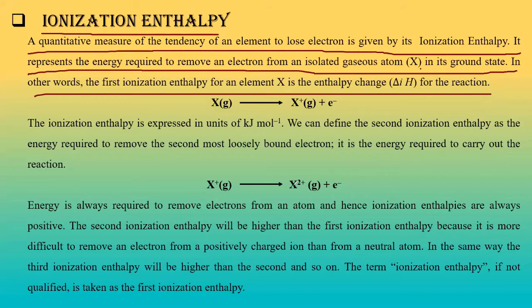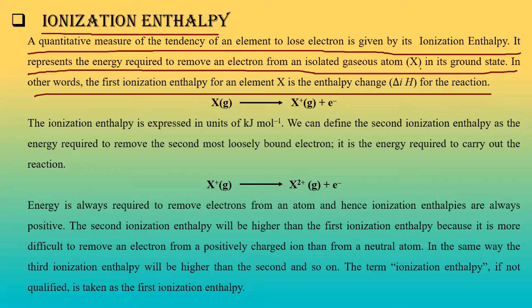Let us come to the fact of what ionization is. Ionization means the process of formation of ions. We have an element, it becomes an ion, and that process is called ionization. This process can be of two types: formation of a cation or formation of an anion. I am not talking about ionization enthalpy, I am talking about ionization only.